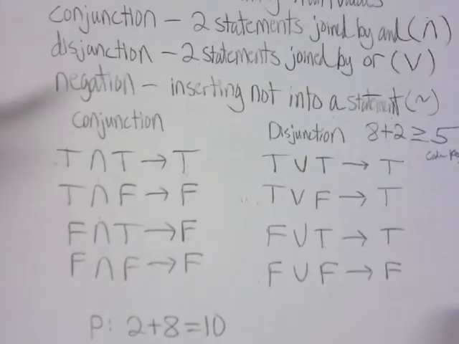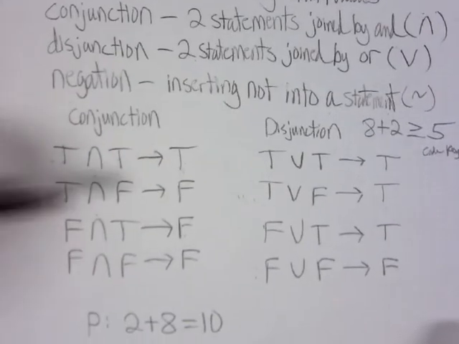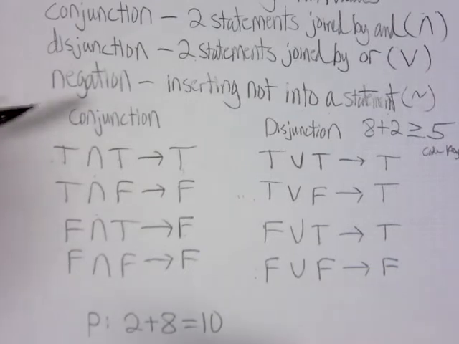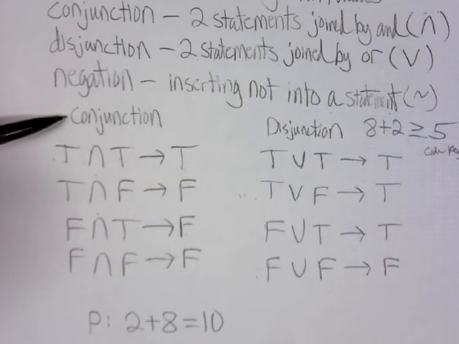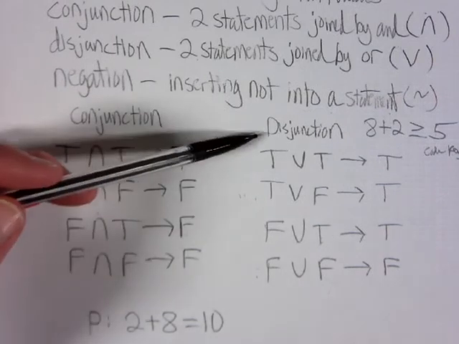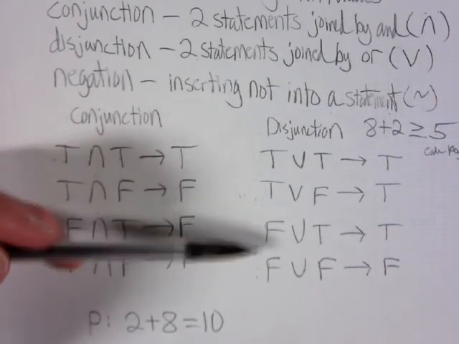Now, I've given you a chart here that is going to help you to work all of the problems from this particular section. These two charts show you how to determine whether a conjunction is true or false and whether a disjunction is true or false.